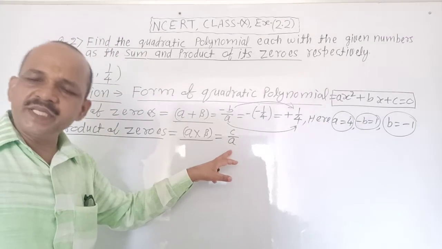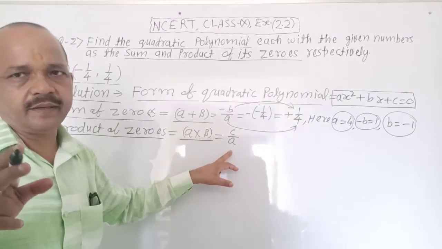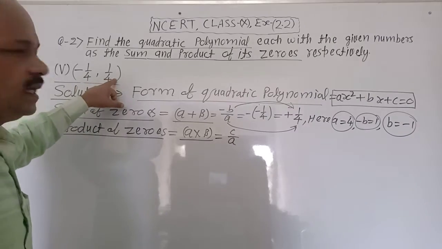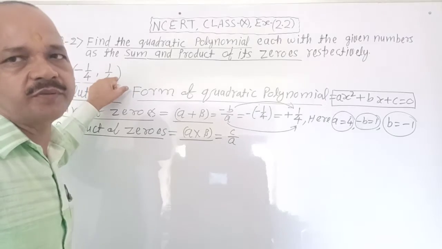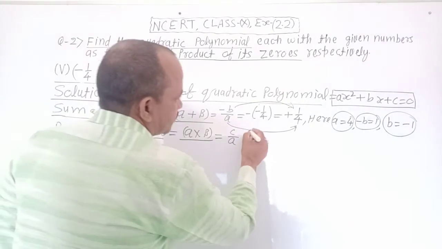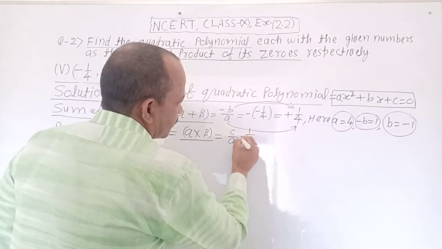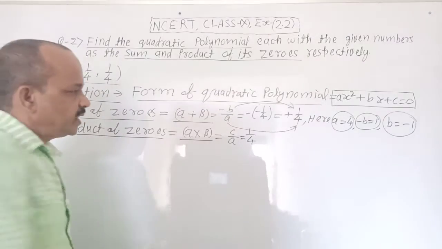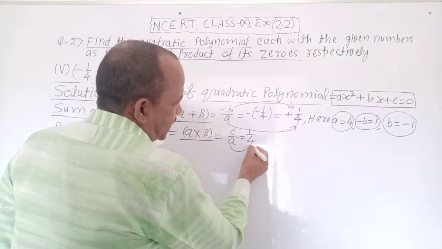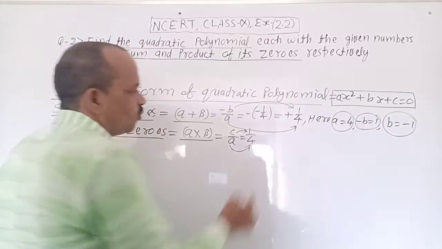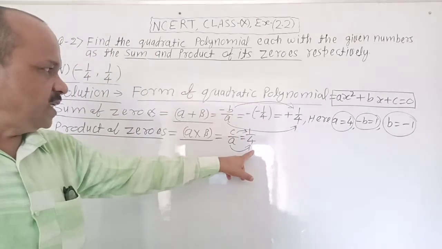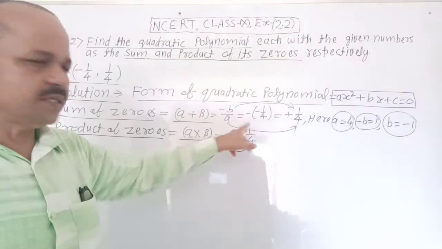Here it is the product of zeros equal to 1 by 4. Here the value of a is 4, the value of c is 1.